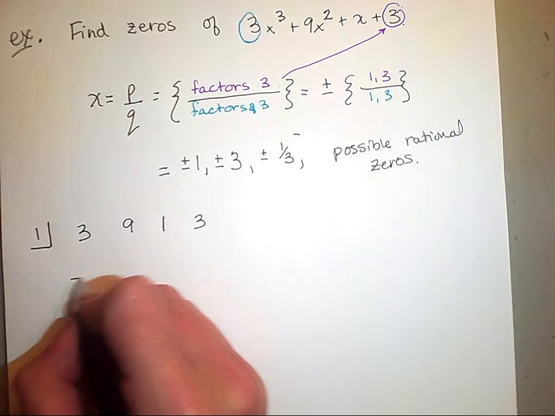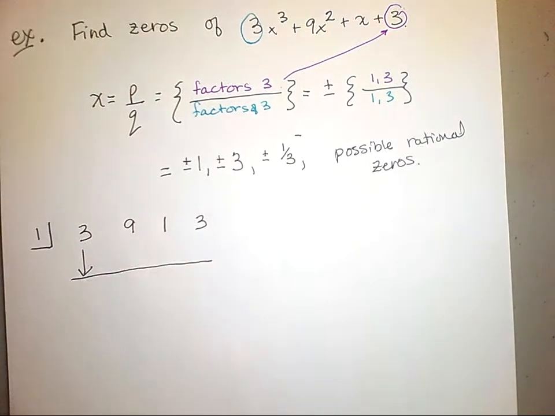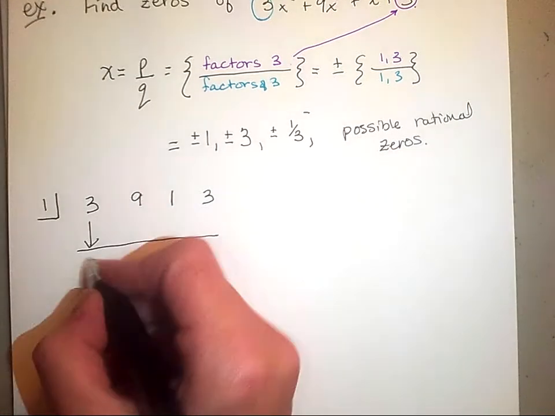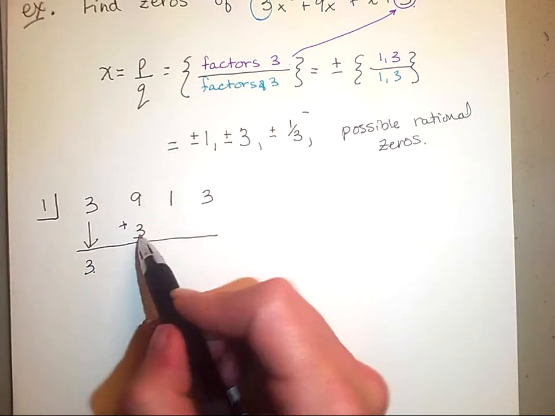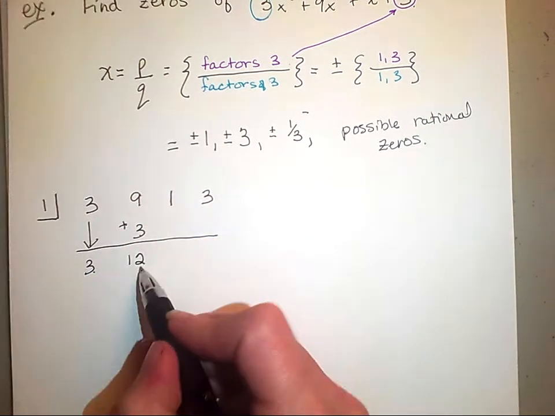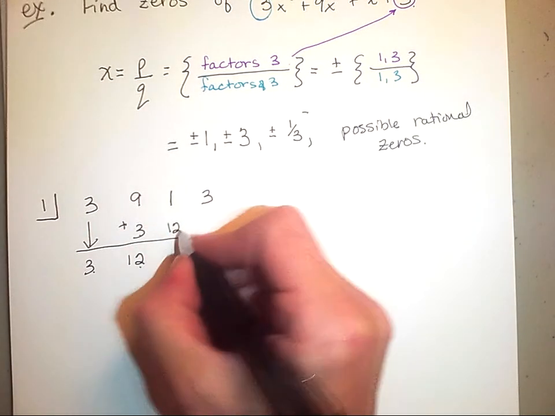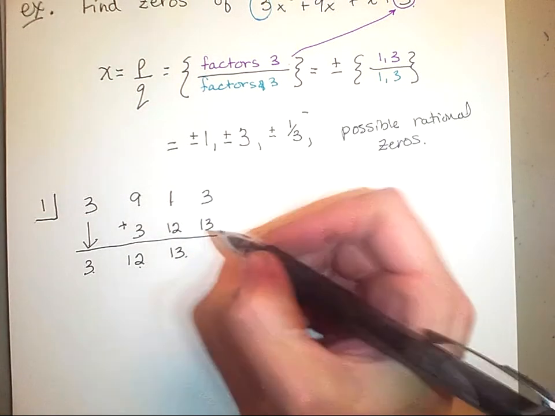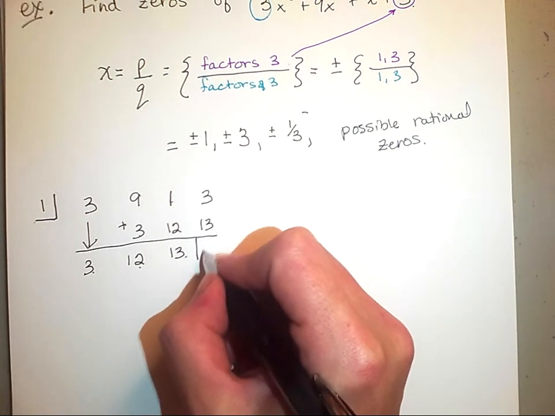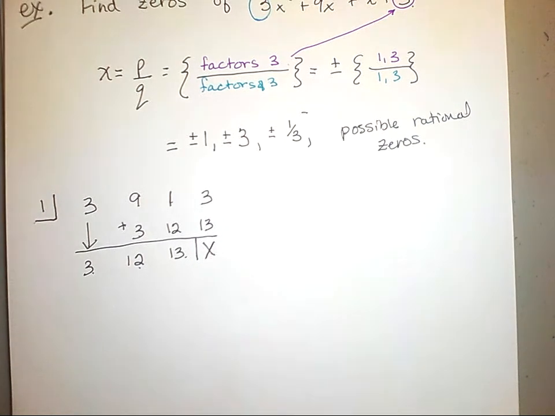Now we do the synthetic division. You bring the 3 down. 3 times 1 is 3. Then 9 plus 3 is 12. 12 times 1 is 12. 1 plus 12 is 13. 13 times 1 is 13. So this remainder is not 0. We don't even care what the remainder is.